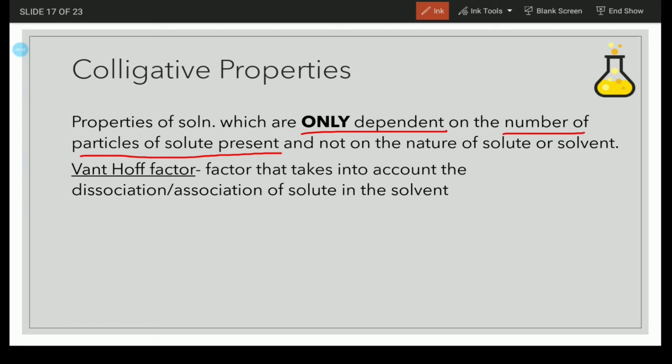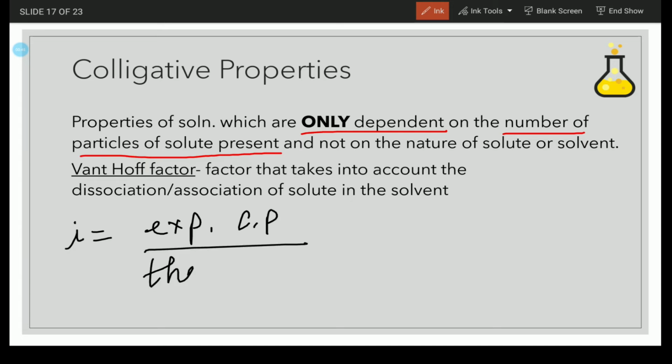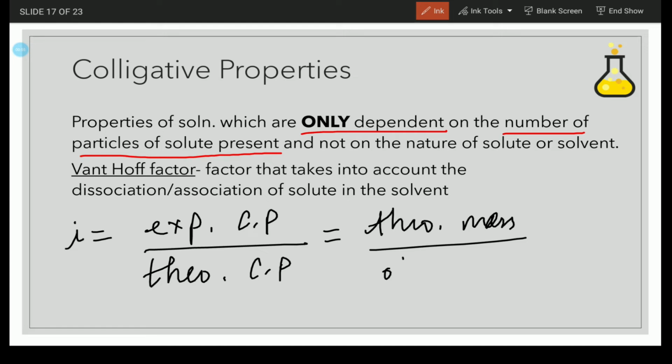It is the factor that takes into account the dissociation or the association of a solute in the solvent. Let us understand. Van 't Hoff factor, or i, is equal to the experimental or observed colligative property upon the theoretical or expected colligative property. This is also equal to the theoretical mass upon the observed mass.